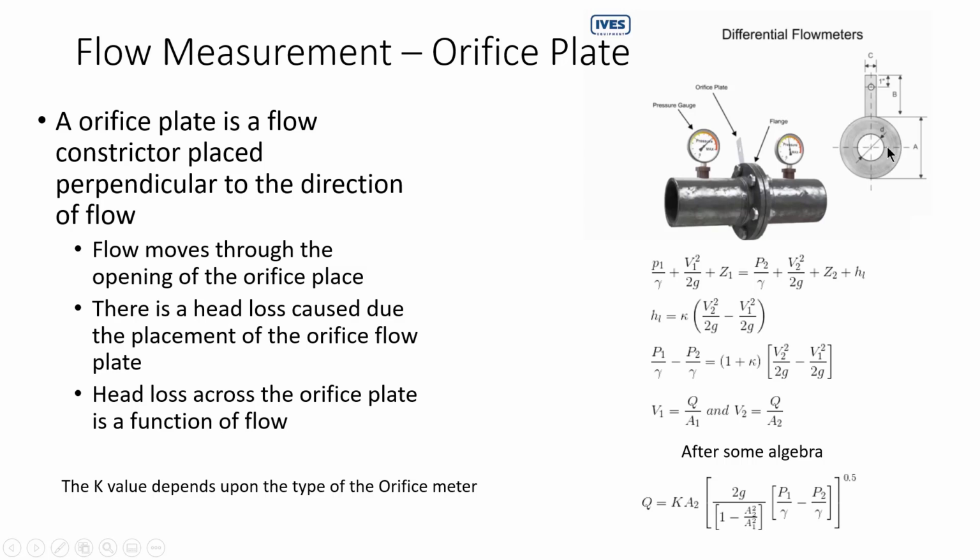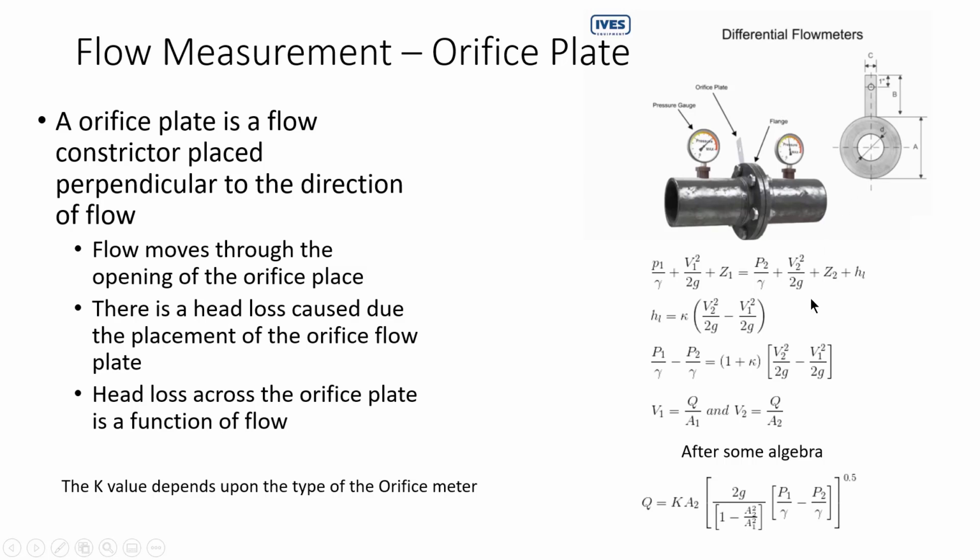So as they do that, they're encountering some friction, and they're going to encounter some loss because their energy is being absorbed by the plate. When the water hits the plate, some of that energy gets absorbed.